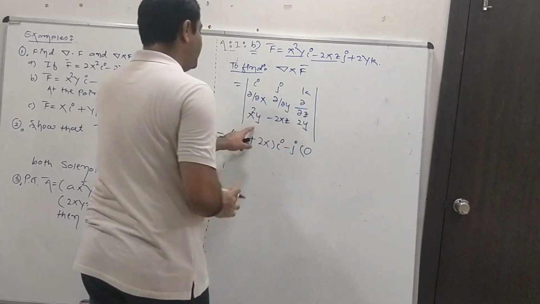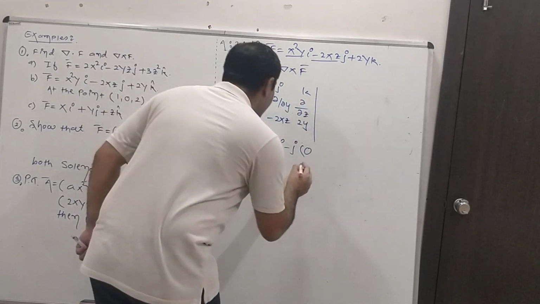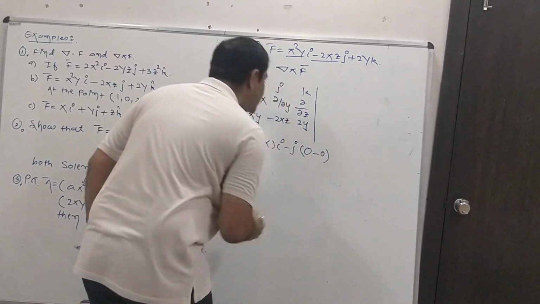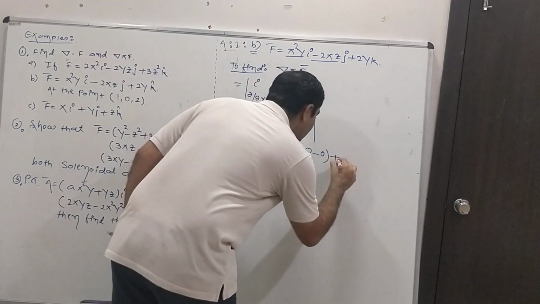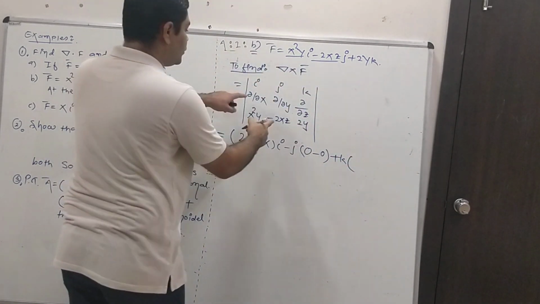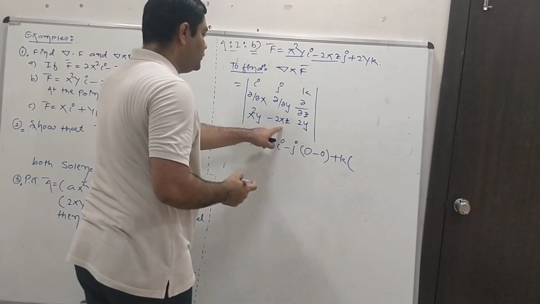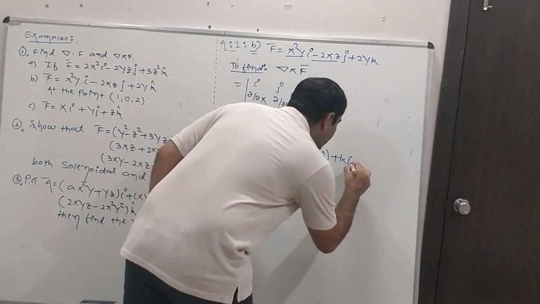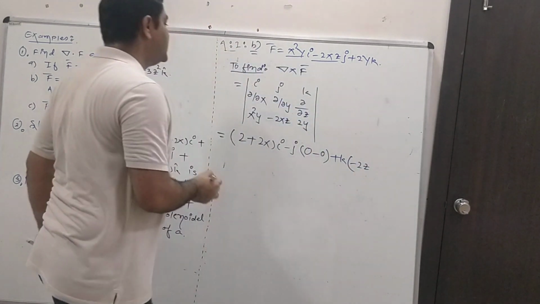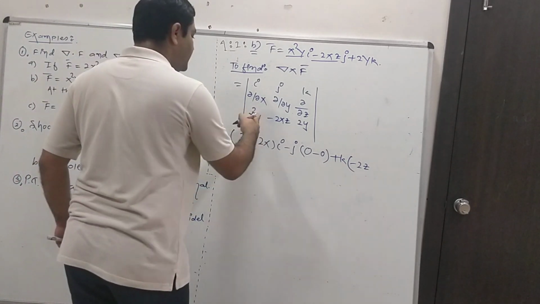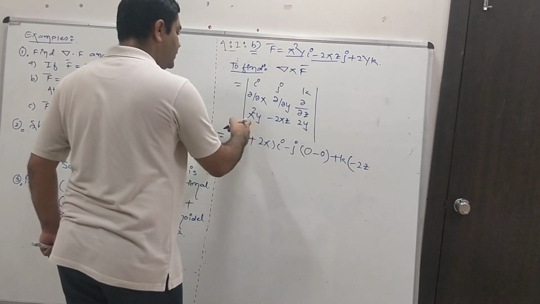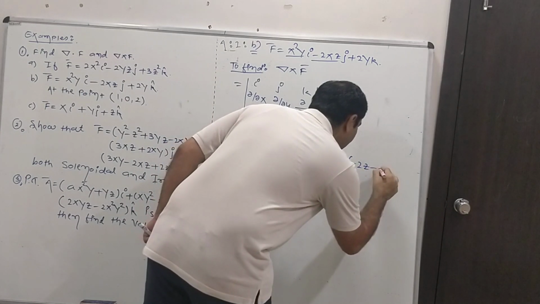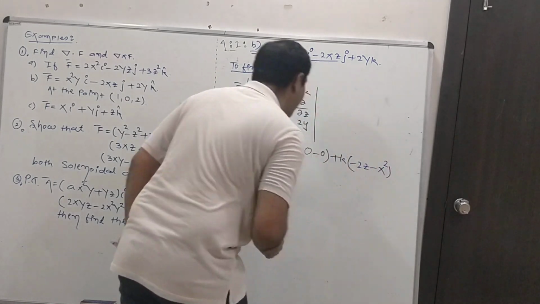Here with respect to z, there is no z, so again this gives us 0 plus k. Again cross multiplication with respect to x, x is 1, so it is minus 2z, and with respect to y, y is 1, so remaining is minus x square, students.